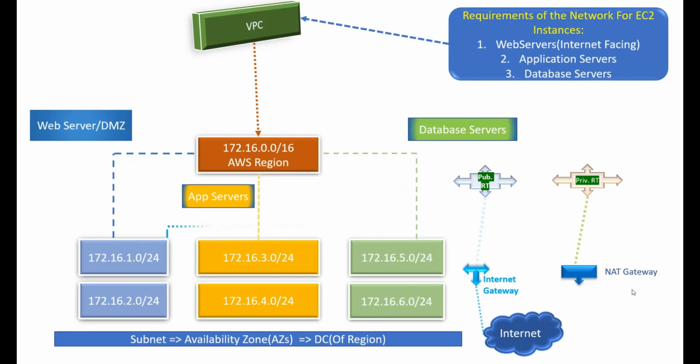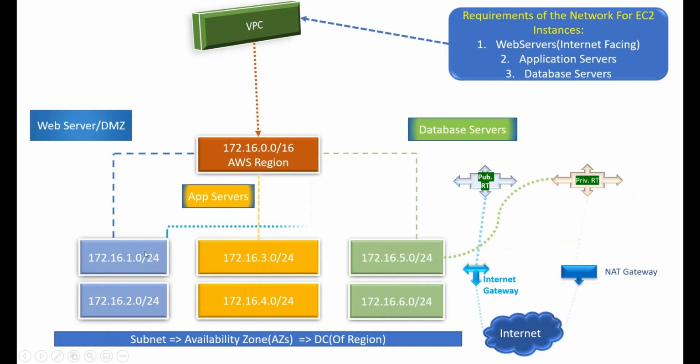From this route table you need to attach all those subnets which you want to have internet access. So again I have selected these two subnets for this route table. All these servers will go through this route table, and using this NAT gateway they will reach the internet.